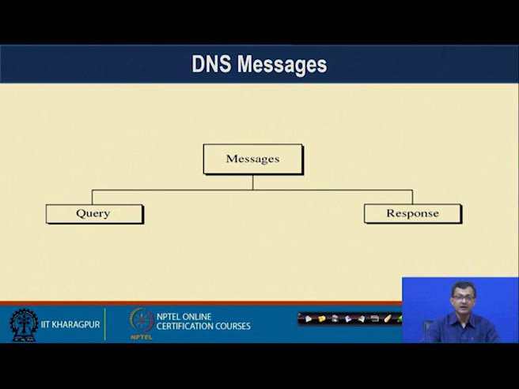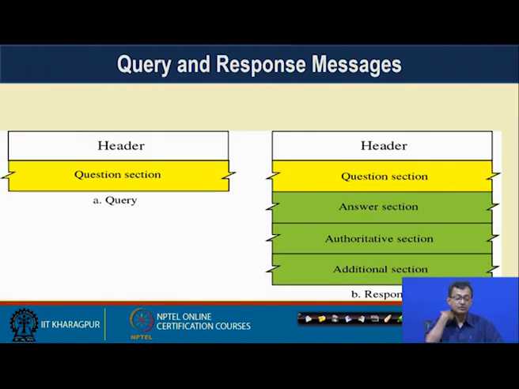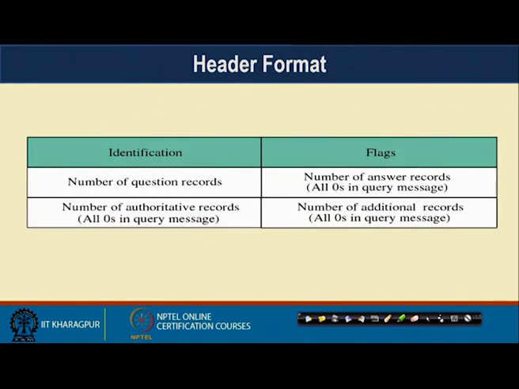One is query, another is response. The query has a header and question section, whereas the response has a header, question section, answer section, authority section, and additional section. So, this is how the response goes.